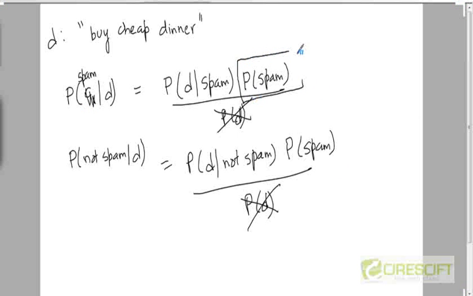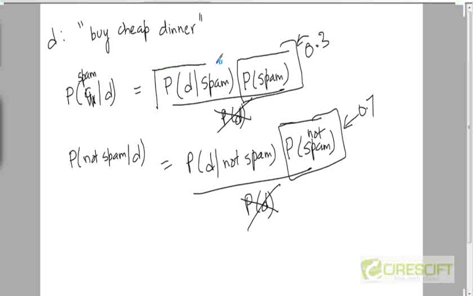The prior probabilities of these two classes are going to remain the same. So this will continue to be 0.3, and this will continue to be 0.7. The difference is going to come in how we compute these two probabilities.